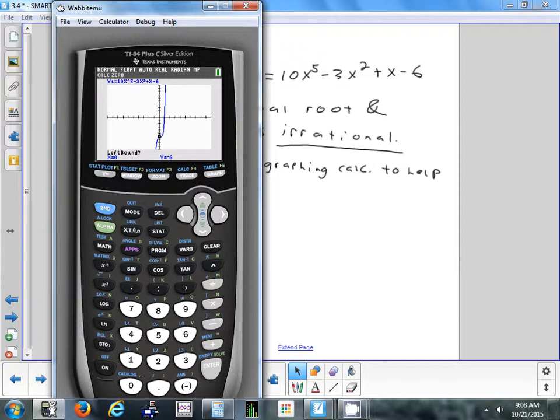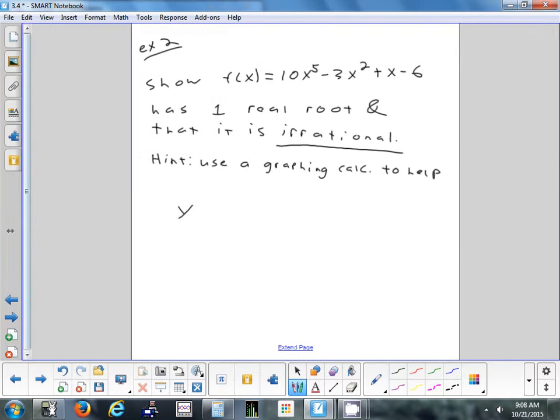Factor by grouping probably is not going to work. So really, you got to use the calculator. So pick a point left, right, and the guess. Okay, so the root is at 0.951. And it's approximate.